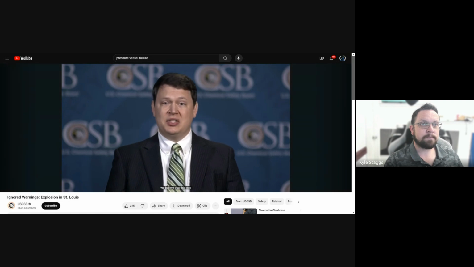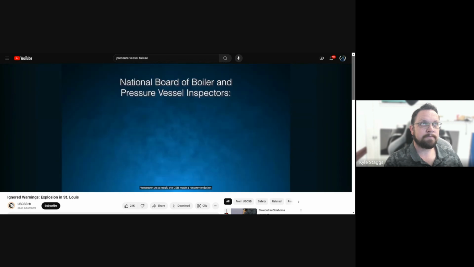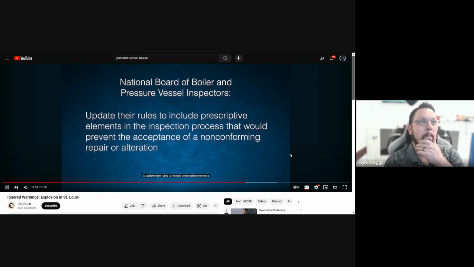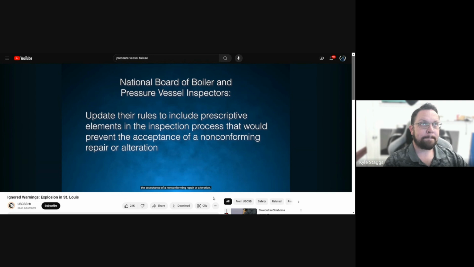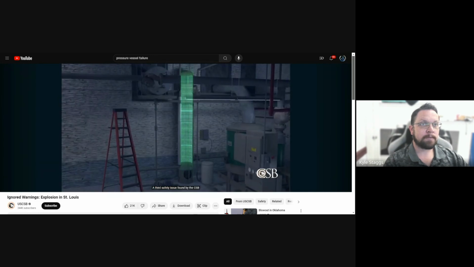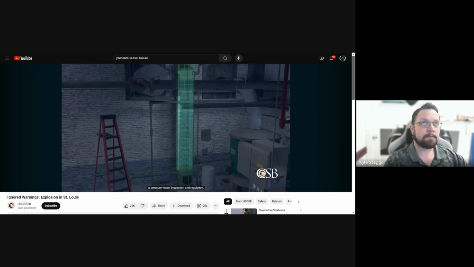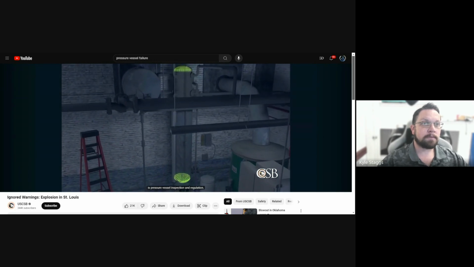We believe that this step should be specified in the National Board Code. As a result, the CSB made a recommendation to the National Board of Boiler and Pressure Vessel Inspectors to update their rules to include prescriptive elements in the inspection process that would prevent the acceptance of a non-conforming repair or alteration.